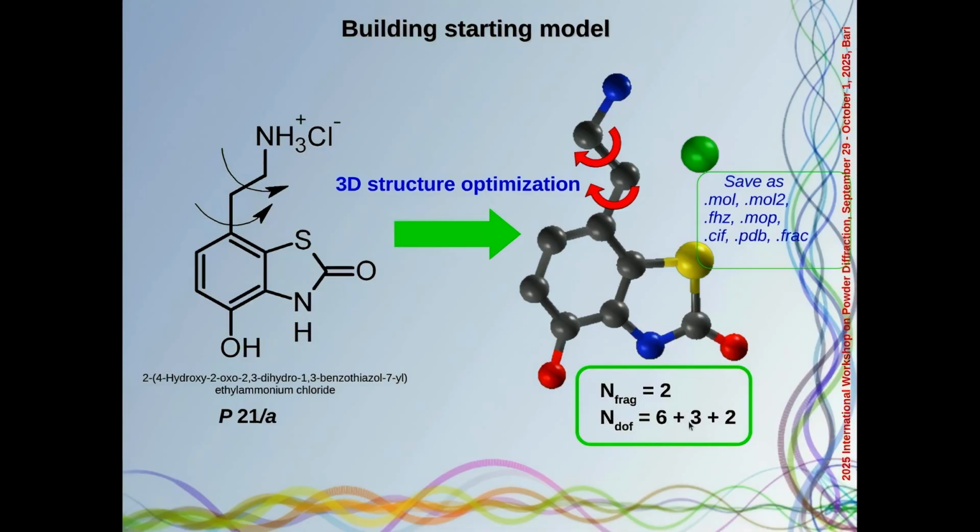You have 3 external degrees of freedom related to these isolated atoms, and then you have two torsion angles, rotatable torsion angles, because generally during a real space method, the ring conformation and bond angles are not modified.